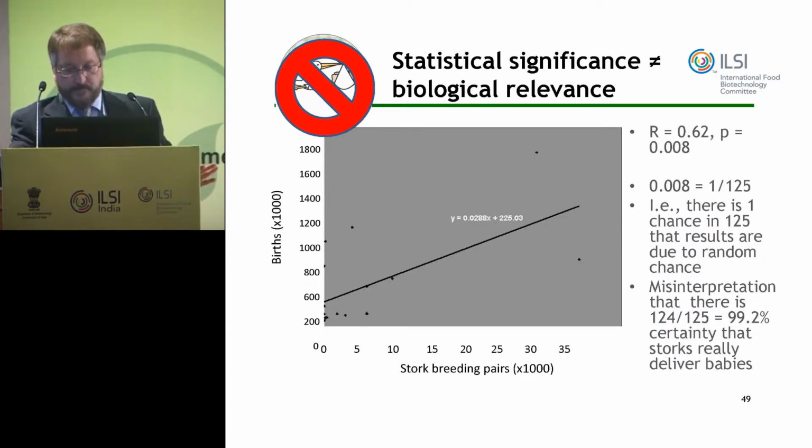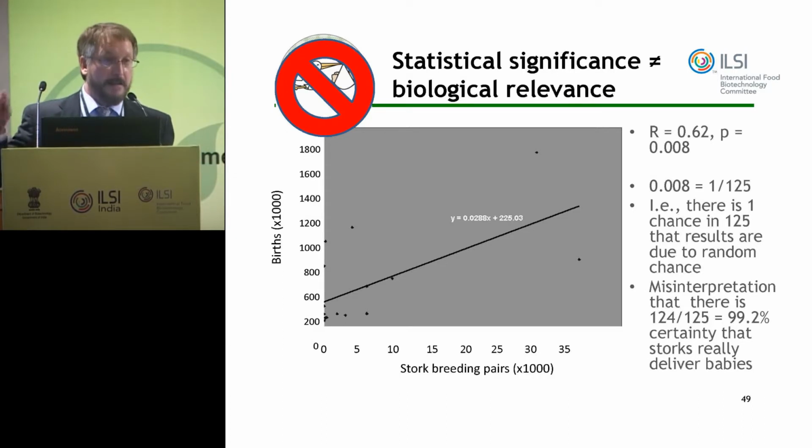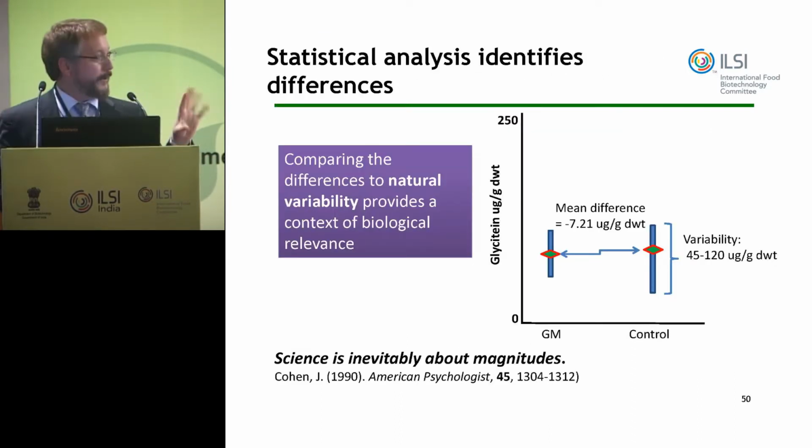What it really means is there is a 1 in 125 chance that the results are due to random chance alone. But a lot of people misinterpret this, thinking there are 124 out of 125 chances, a 99.2% chance that the storks deliver the babies. So keep that one in mind as we distinguish.